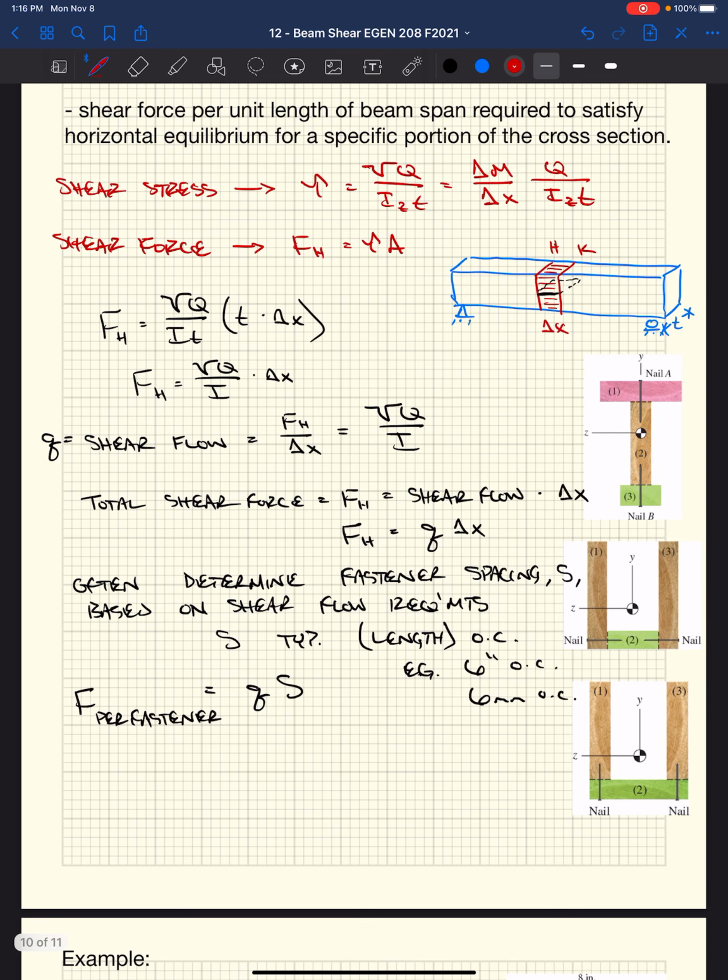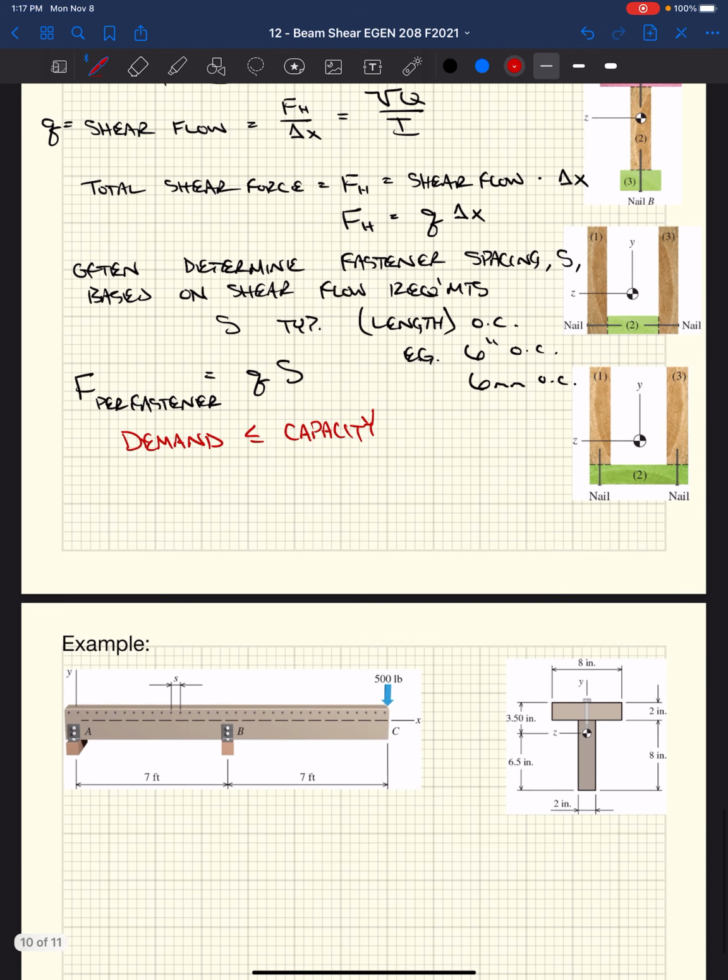So if we look at demand, ultimately in design, we always want the demand to be less than or equal to capacity. So our demand is that horizontal shear force, or force per fastener, which would be the shear flow times the spacing. Well, that better be less than or equal to our capacity.